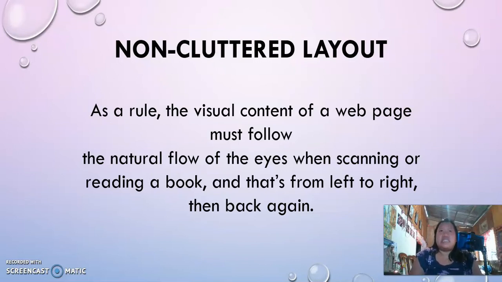Yes, definitely yes. So novice website creators, class, almost always make the mistake of making their website too cluttered with so many elements, text, and images included. So there is a tendency to be carried away with our ideas.